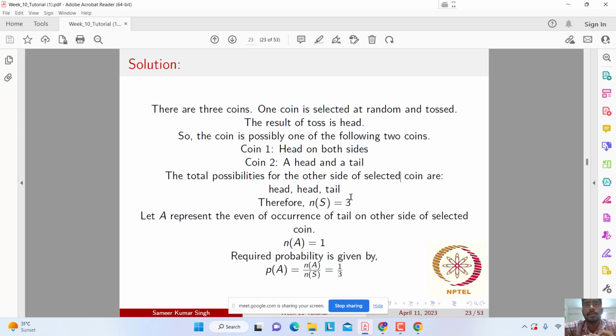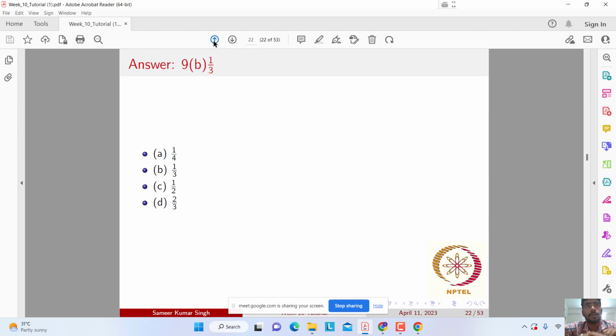The head is fixed. It should be head or it should be tail on the next side of the coin. Yeah, for intuition, it should be 1 by 2, I think. It's a condition.